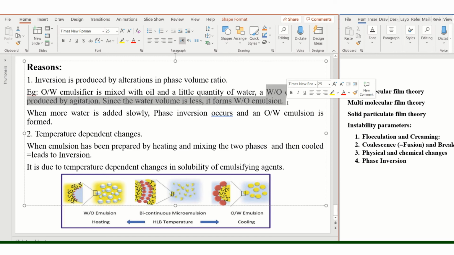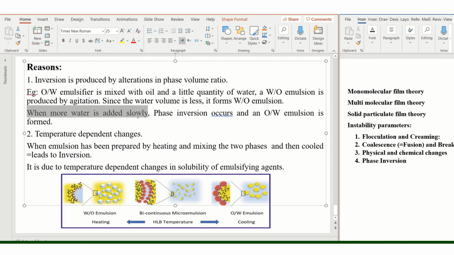In this case, water is lesser in quantity, so it takes the position of internal phase. Now, if we continue to add water slowly, phase inversion occurs. Now, an oil in water emulsion is formed. That's how phase inversion is produced by alterations in phase volume ratio.